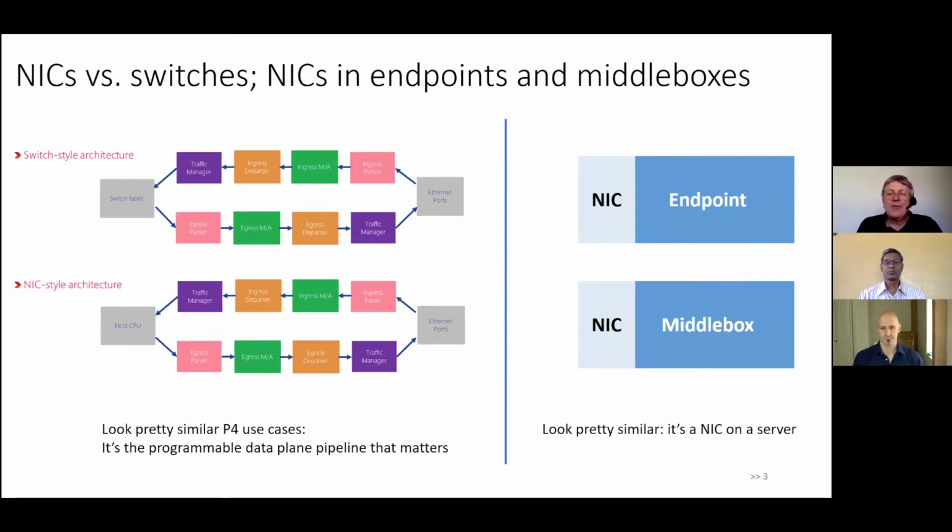So the hope is we might get some reuse here between using P4 in the context of some end system versus some kind of in-network system. Obviously, a switch is a special case of a middle box, where here we're assuming it's got a smaller number of ports. So that's the general landscape for our discussion on NIC versus switch. How different are they? How much new work is there to be done?